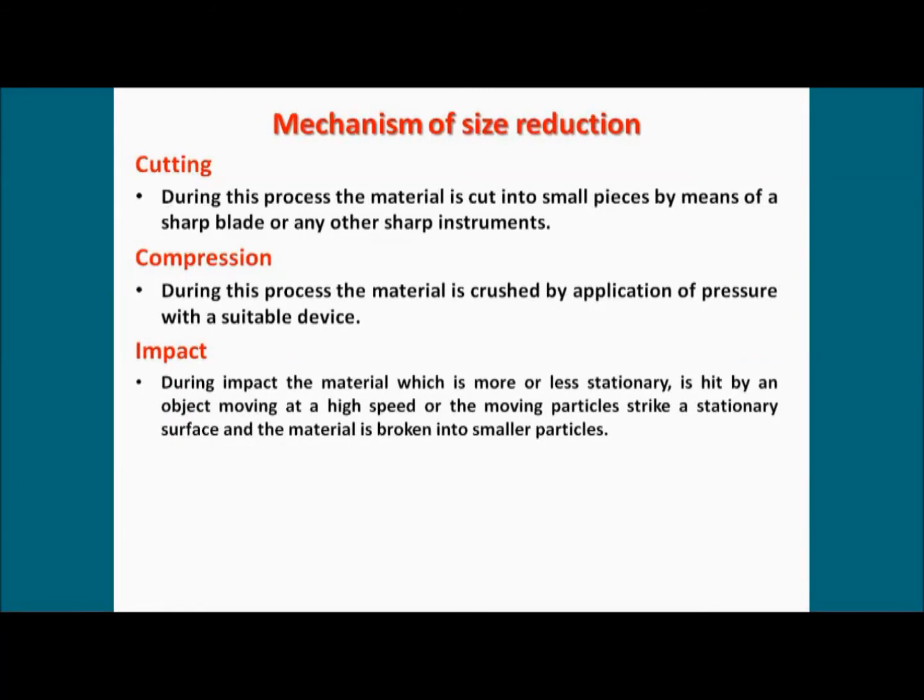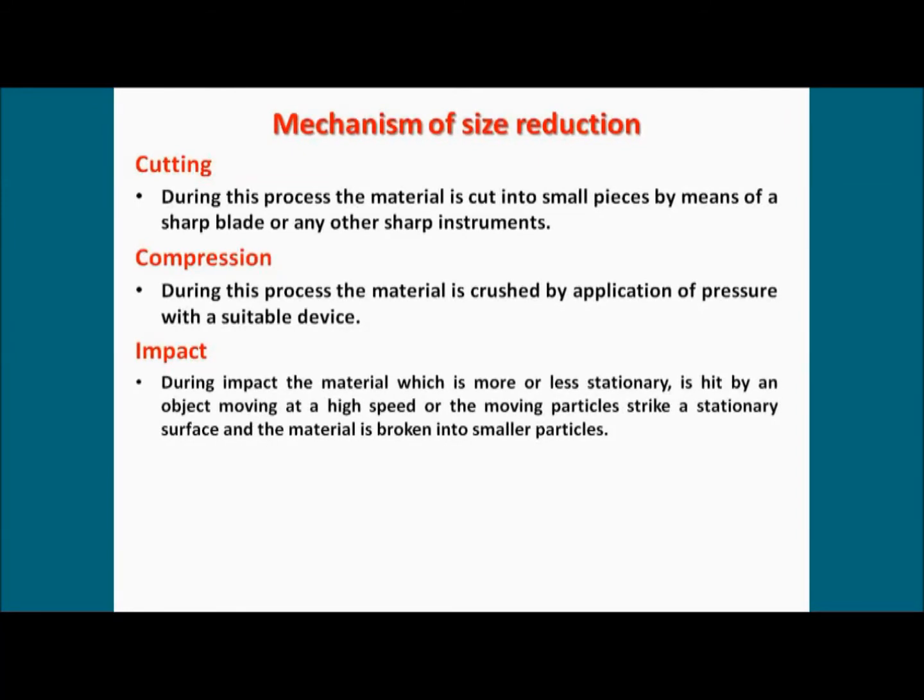Impact. Now what is impact? During the process of impact, as the term itself reveals, it is more or less stationary. How? Because in the process of impact, the material is hit by an object moving at a high speed, or a moving particle strikes a stationary surface and the material is broken.